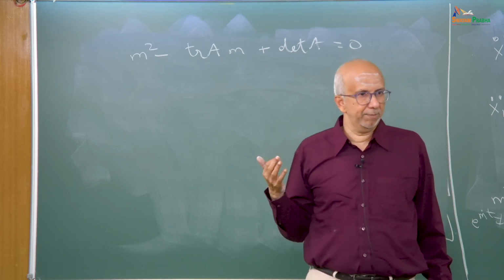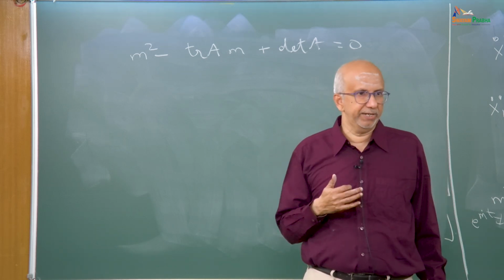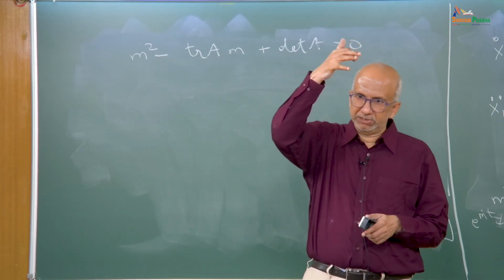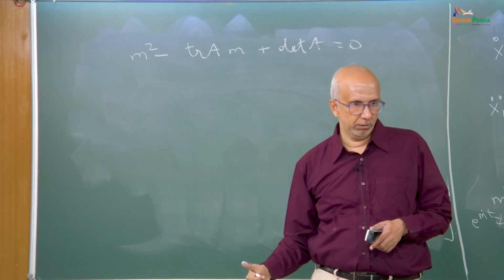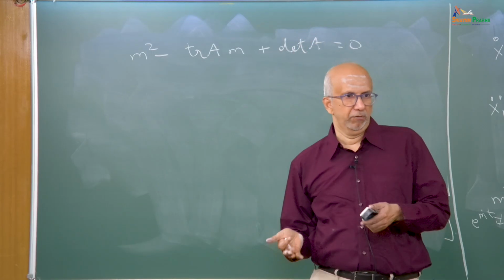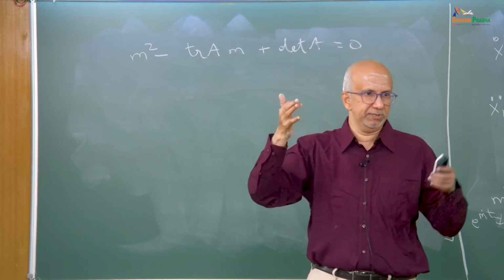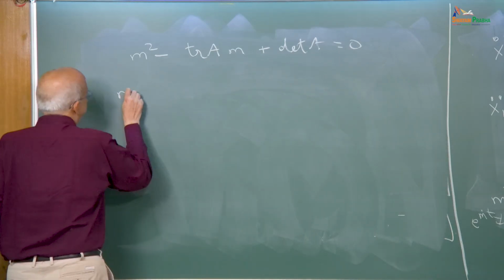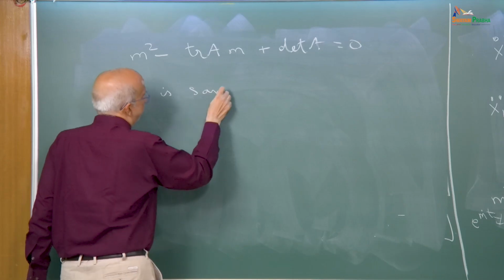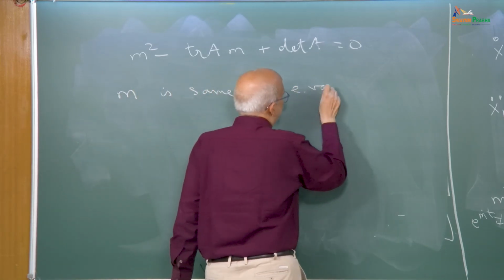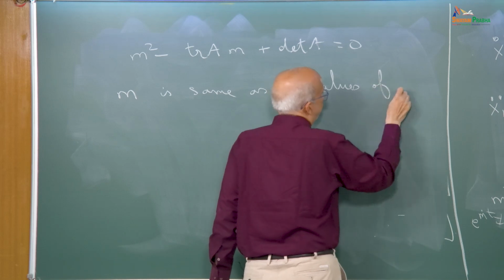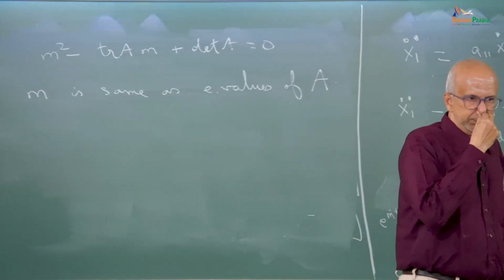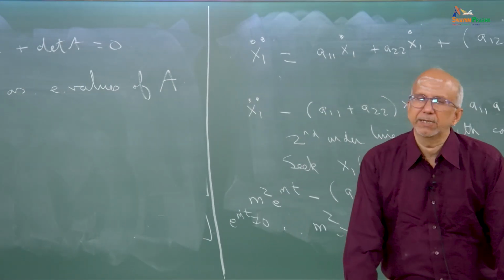So, this m is nothing but the eigenvalues of the matrix A. If you went in reverse from the matrix, I got the second order equation. From the second order equation, if I wrote two first order equations, I would have gotten the matrix. So, the point I am making here is this m is the same as the eigenvalues of A. And then you do your usual stuff.